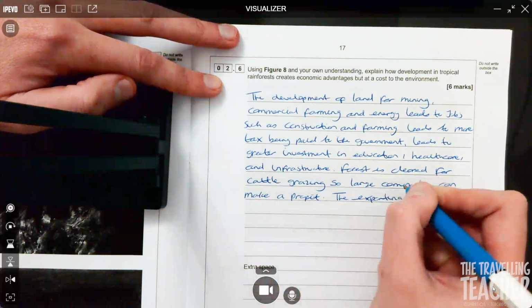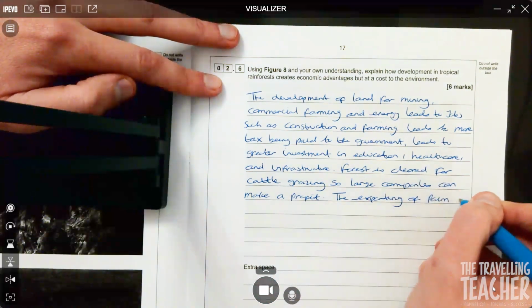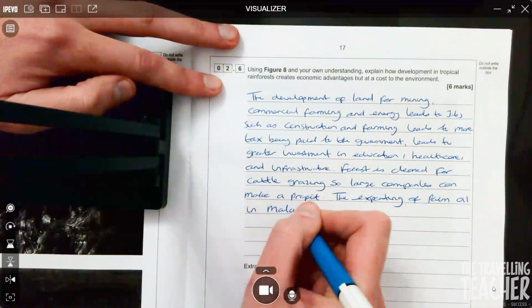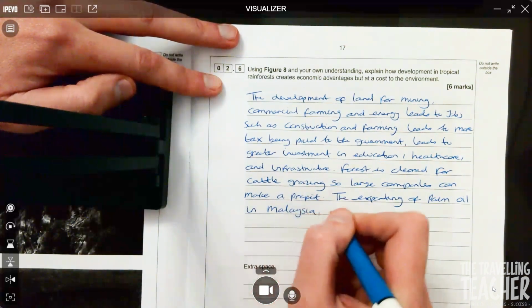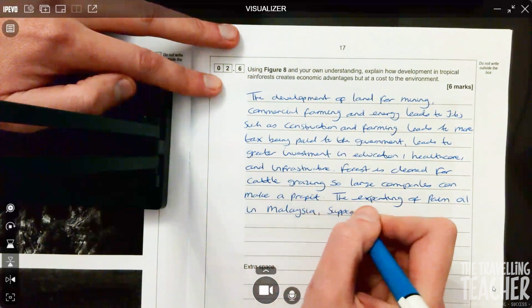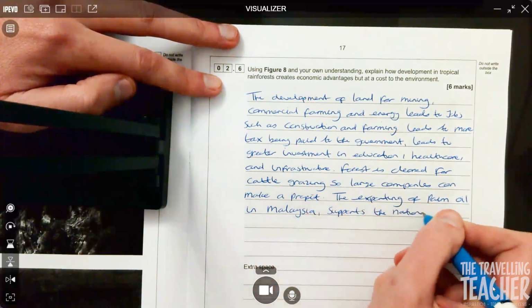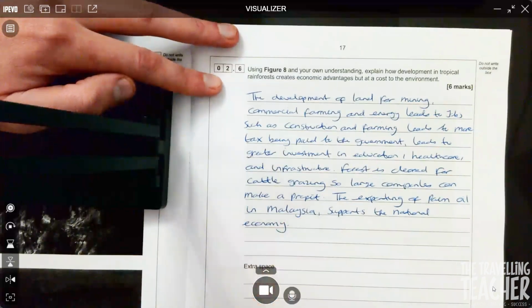The exporting of palm oil in Malaysia supports the national economy.